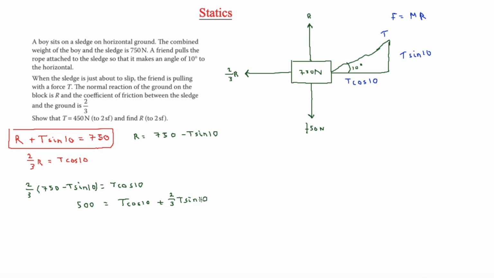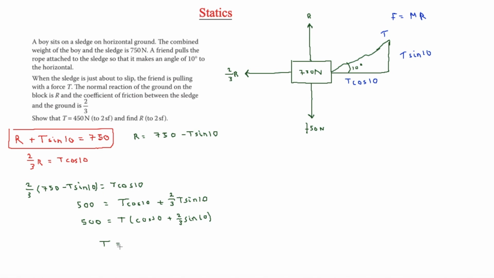Then we can take out a T, so 500 is equal to T, and then we've got cos 10 plus 2/3 sine 10, which means that T is going to be equal to 500 divided by cos 10 plus 2/3 sine 10.